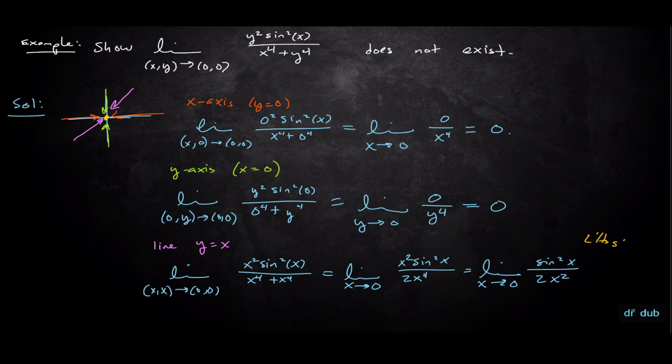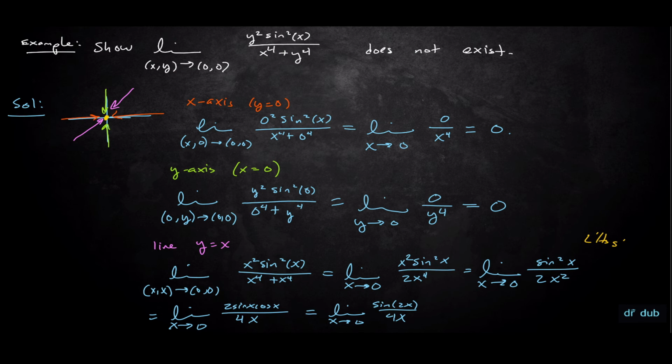So this is going to be the limit as x goes to 0 of 2 sine x cosine x over 4x. So almost there. I can use a trig identity in the numerator and say that this is the limit as x goes to 0 of sine 2x over 4x.